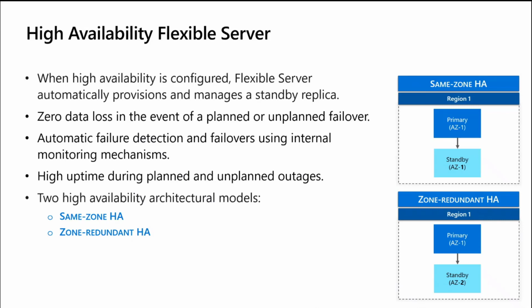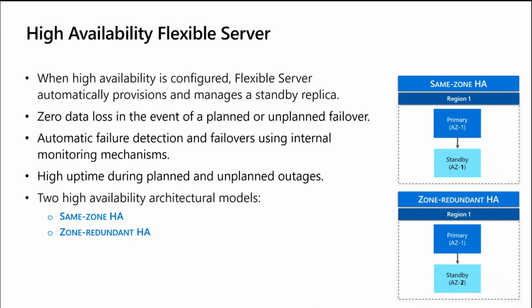So if you have tier 3, tier 4 or non-production instances, you have the option to deploy with non-HA configuration. But if you're deploying a database instance for tier 1 or tier 2 applications, you have the option to choose zone redundant deployment.